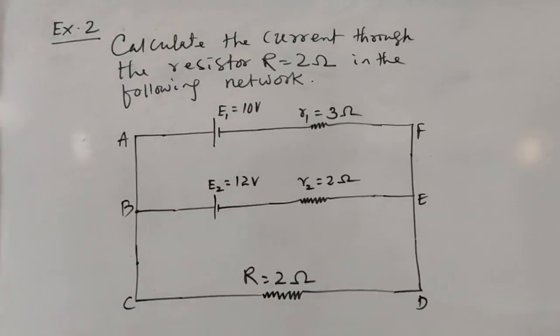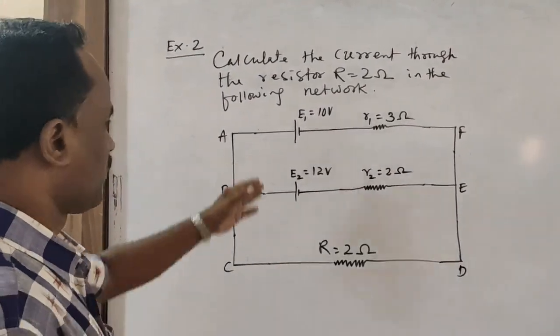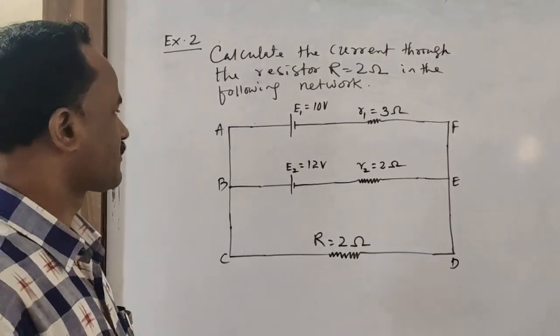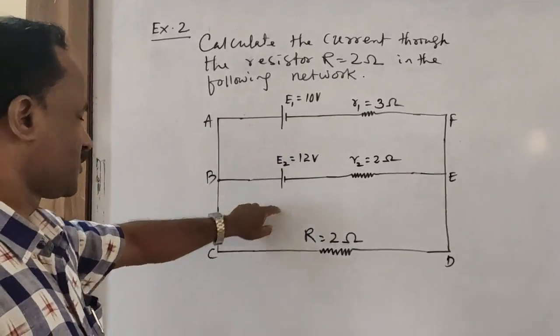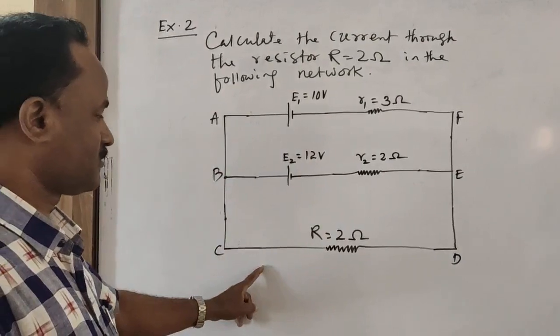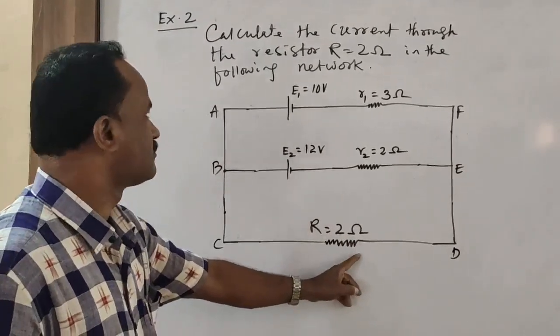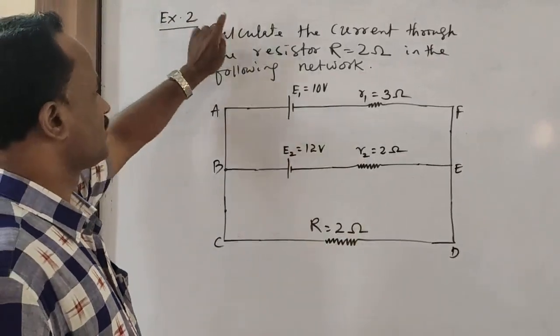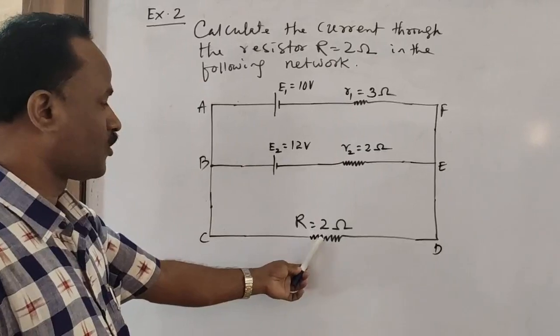Based on the same application of Kirchhoff's law, one circuit is given. Two cells of different EMF are connected in this circuit across an external resistance of 2 ohm. The question asked here is, calculate the current through the resistance R equal to 2 ohm.